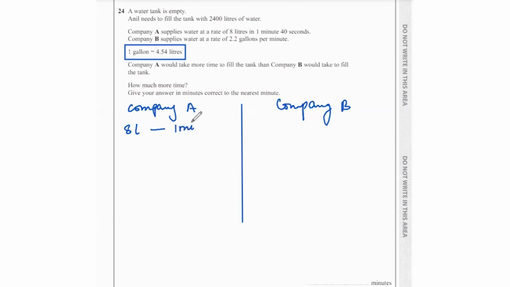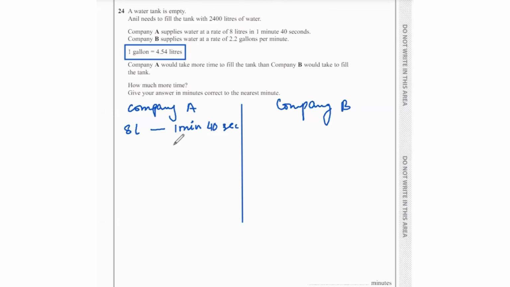So let's first make separate columns for Company A and Company B. So we know that 8 liters is supplied in 1 minute and 40 seconds at Company A. Let's convert this time into minutes.